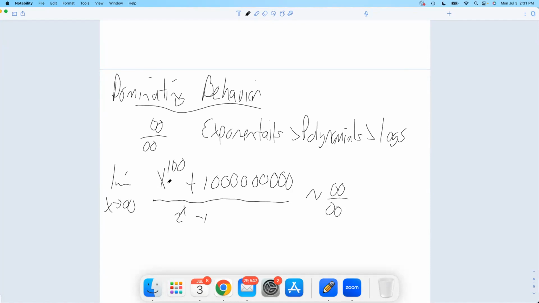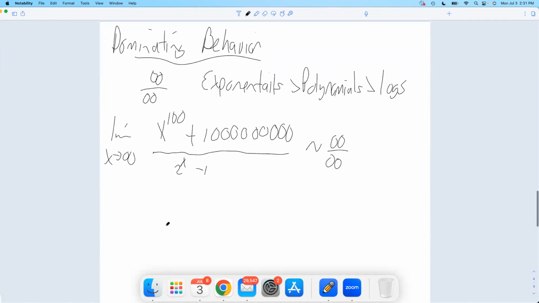Get out your graphing calculator and try doing maybe 1000 to the 100th power plus all that stuff over 2 to the 1000th power. Try plugging in a big value of x.